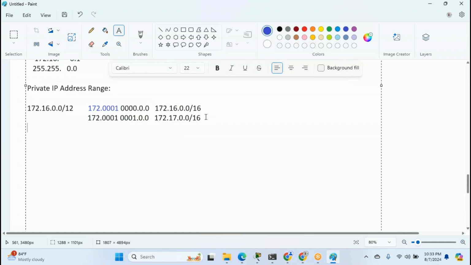If we keep on changing these addresses, the last possible combination with 172 is 172.31.0.0/16. So all these 16 networks, starting from 172.16.0.0 to 172.31.0.0, are private. But when we have to write it in an integrated form, we can write it as 172.16.0.0/12.